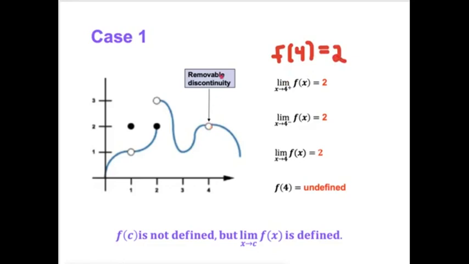So in this way, we could remove the discontinuity. And so that's why it's called removable, because it's possible to redefine it to where it's no longer a discontinuity. But that's not the case here. For this function, f of 4 is undefined. So we have case 1 where f of c is not defined, but the limit as x approaches c of f of x is defined.